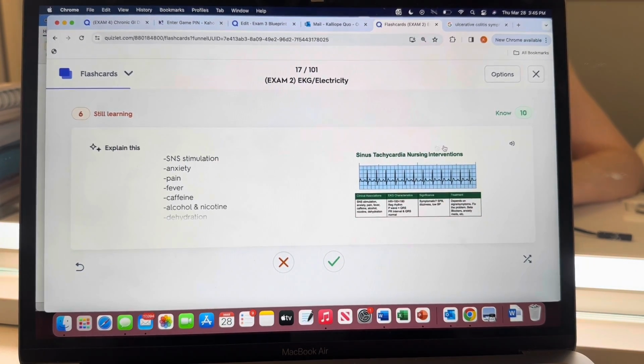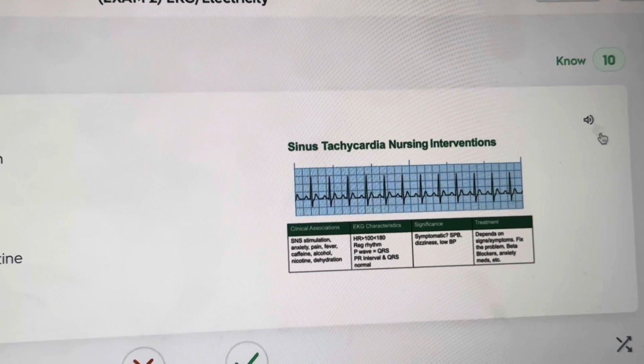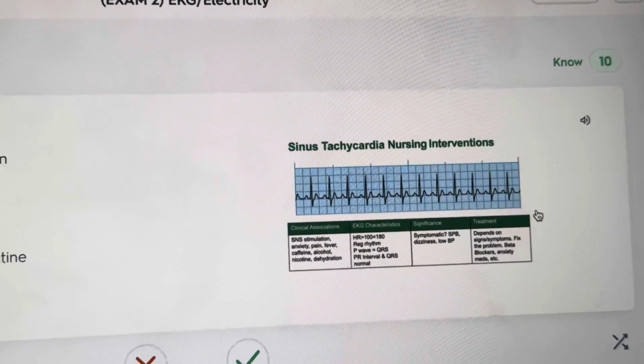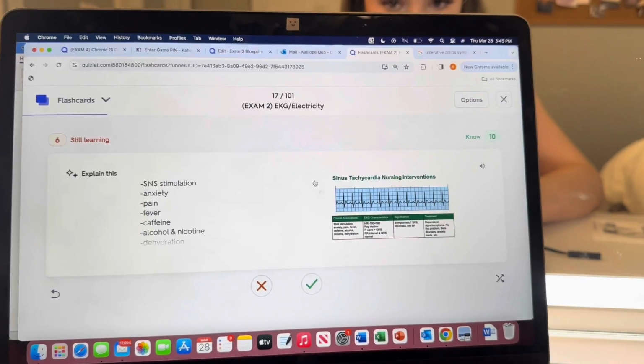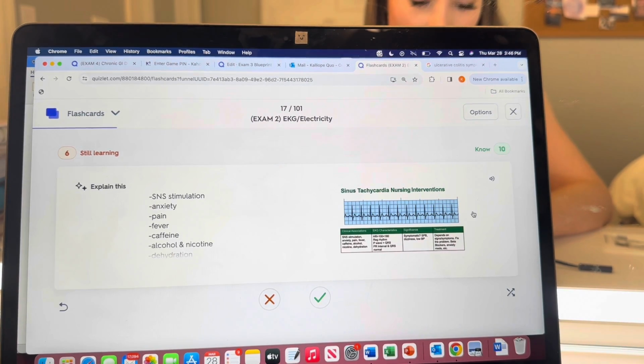I have another picture here, and it just reminds me what sinus tach looks like. And so I just find having pictures super helpful when I'm studying for the exams, because it helps bring the information together better. And especially for things like EKG strips, you need to know what it looks like. So that's why I really like having Quizlet Plus and having the ability to use pictures on the flashcards.